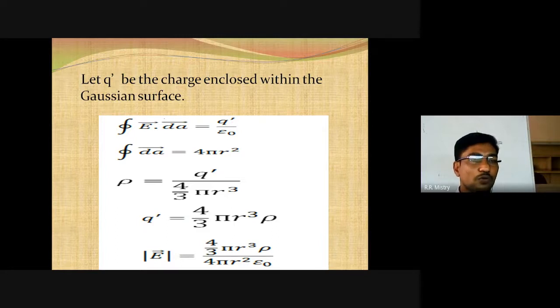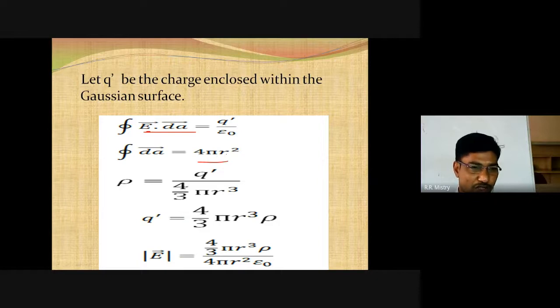Now suppose we have to find the surface integral of dA. The surface integral will be 4 pi r square, because the area is reduced up to small r.